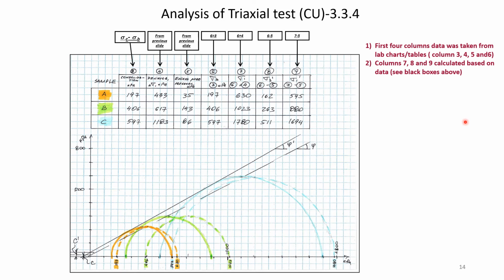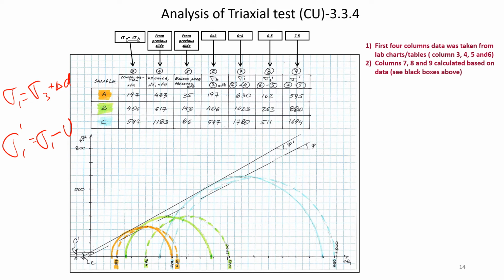Then all columns 7, 8, 9 are just pure math. Column 7 is 6 plus 4, column 8 is 6 minus 5, column 9 is 7 minus 5. So sigma 1 is sigma 3 plus deviator stress, and effective sigma 1 is sigma 1 total minus u.